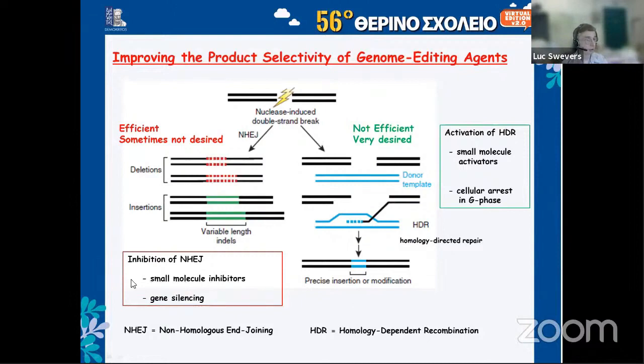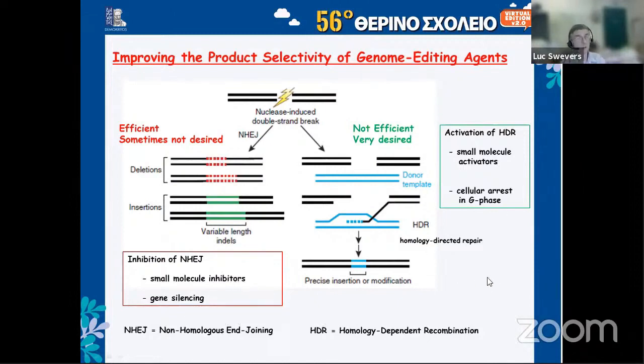There has been a lot of work to inhibit the non-homologous end joining pathway by small molecule inhibitors or by gene silencing of particular proteins.